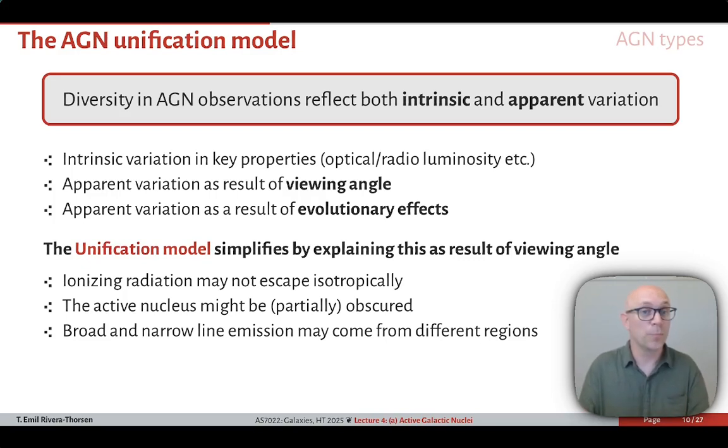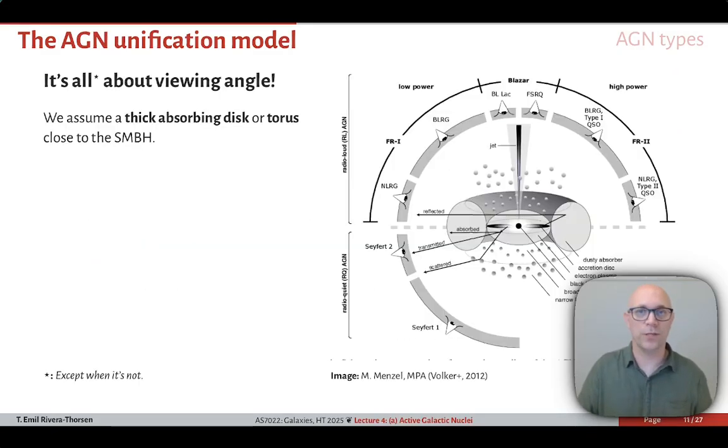Broad and narrow line emission may come from different regions, such that some of these regions are obscured in some cases and not in other cases. So there are many different ways that we could be looking at the same objects and see very different results in our observations. And that is what the AGN unification model attempts to explain.